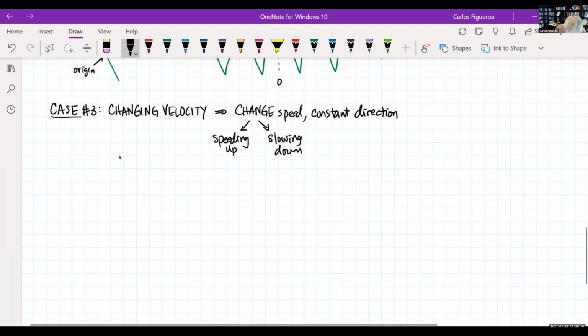So what do I mean by this? For starters, we know what we mean by this in terms of the picture. If I look at speeding up, picture-wise, I'm looking at my velocities, and you're clearly getting longer and longer vectors here.